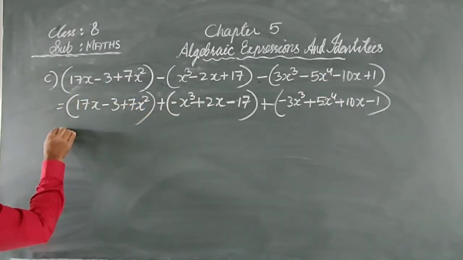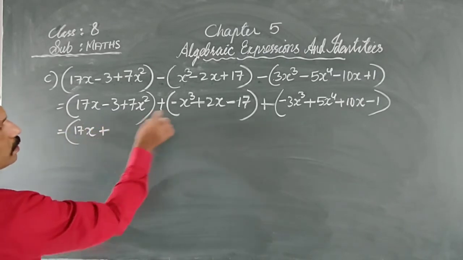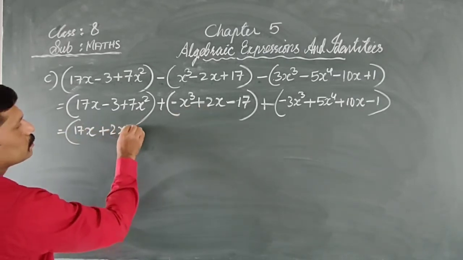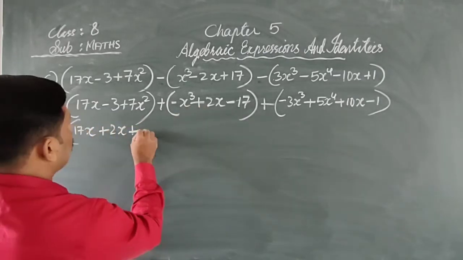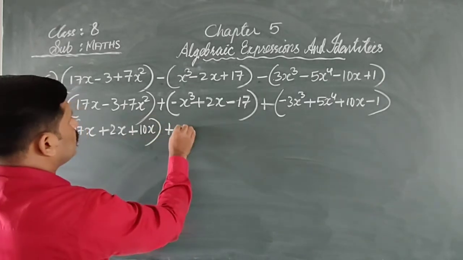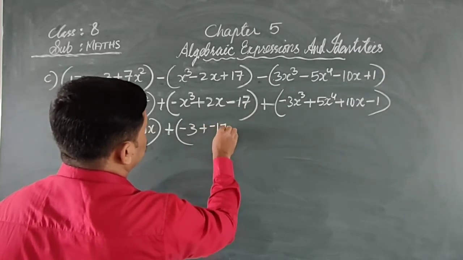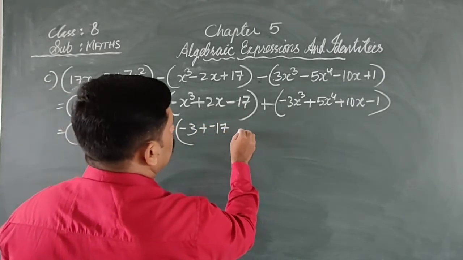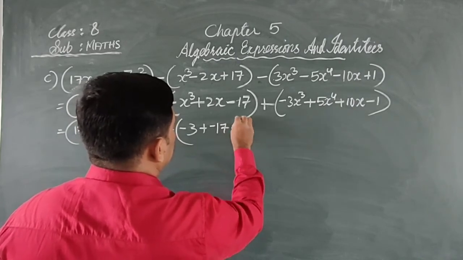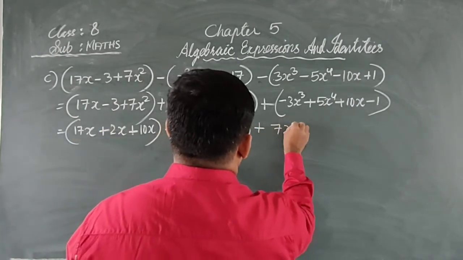Now we take the like terms. Here 17x plus here also 2x plus there 10x, group. And next negative 3 constant, here plus negative 17, minus 1, plus next 7x square.